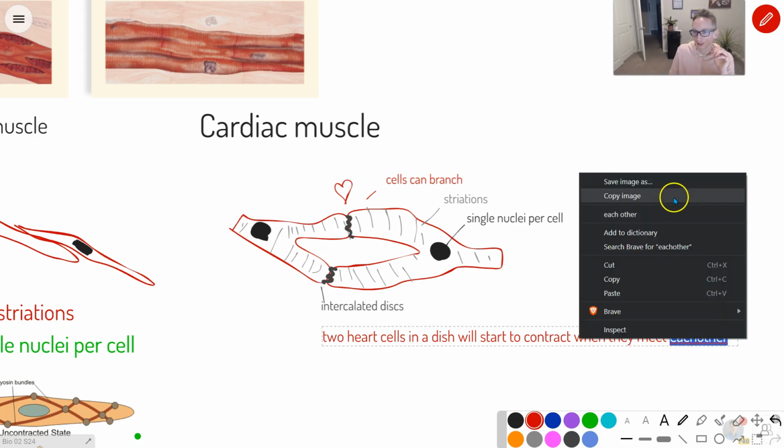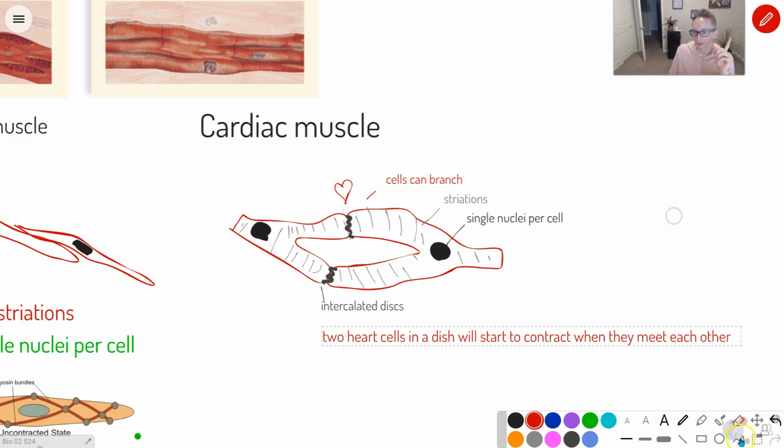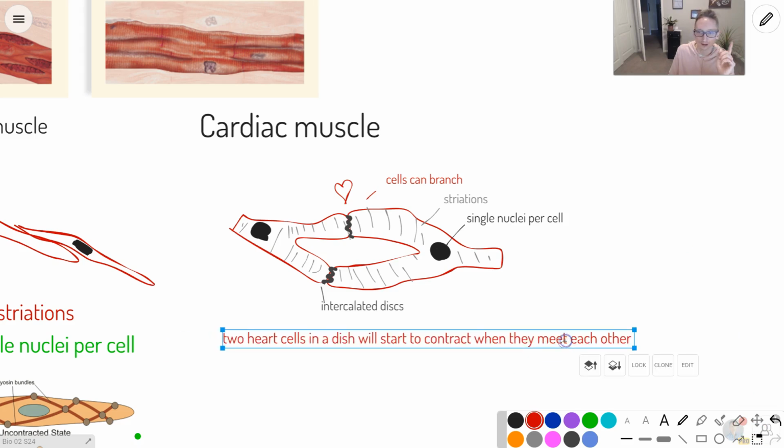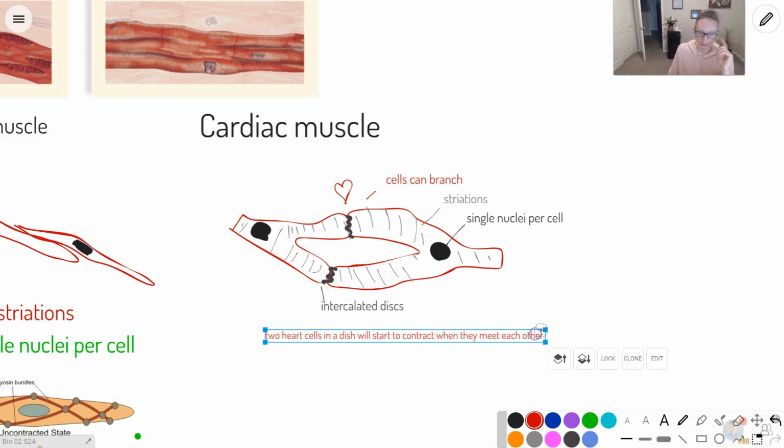Heart cells, the cardiac cells, do not need a brain to start contracting. Your heart does not need a brain to contract. If you can take somebody's heart, remove it from their body, it'll still beat. And if you put it in just a little box, so it has like some fake oxygenated blood, that thing will just beat forever as long as you keep feeding it. Pretty nifty.